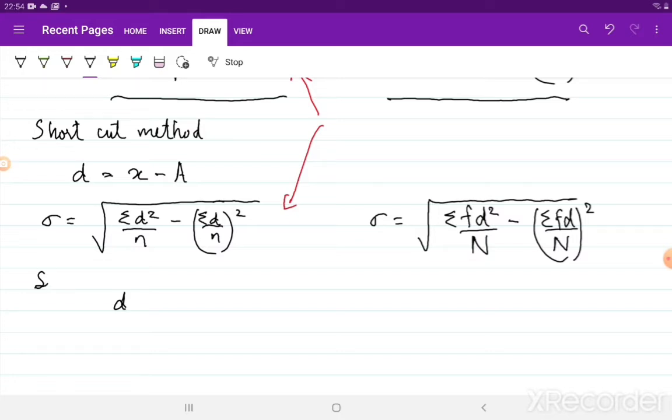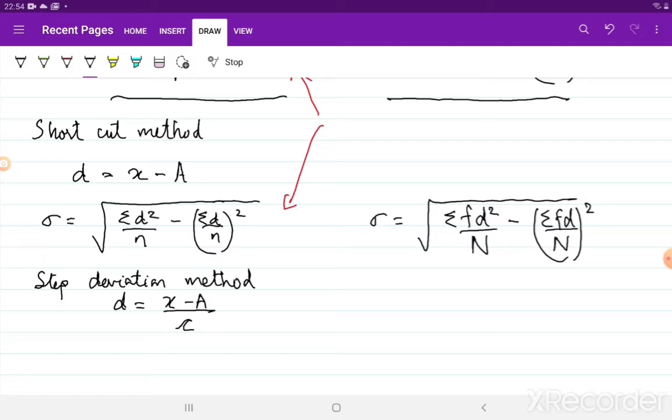This would be a step deviation method. They haven't mentioned the name of this method, but in the step deviation method, your d is x minus a divided by c, where c is the size of the class interval.